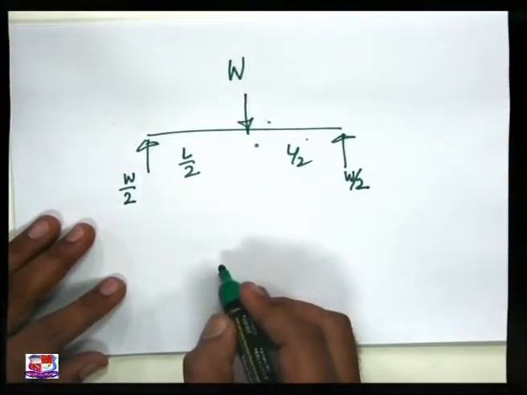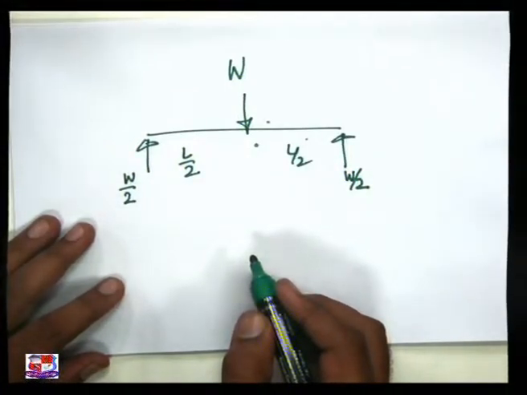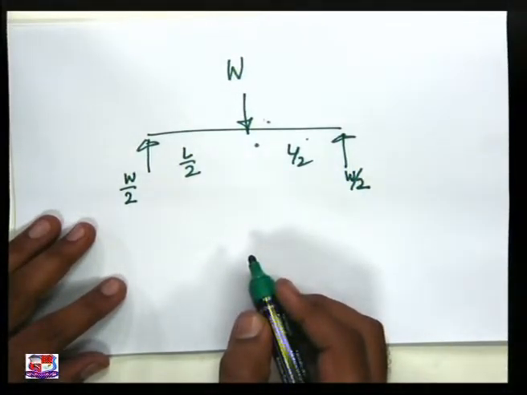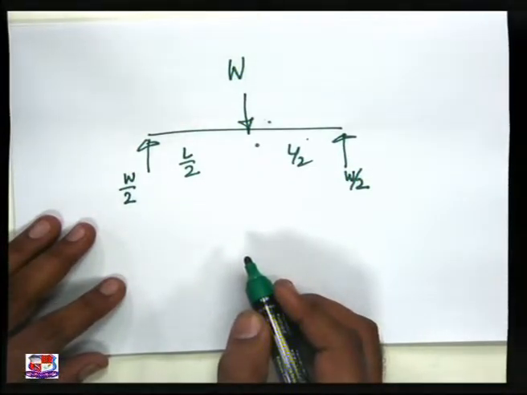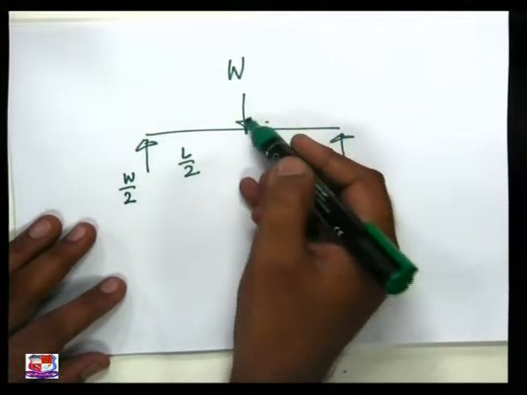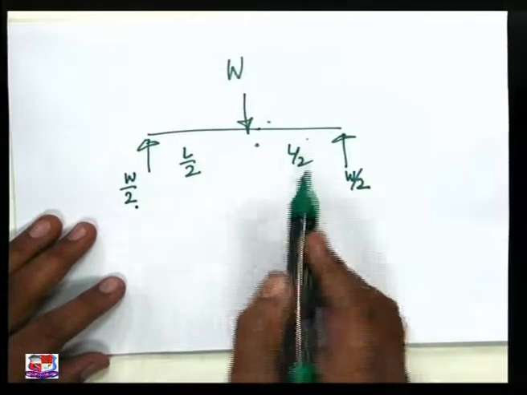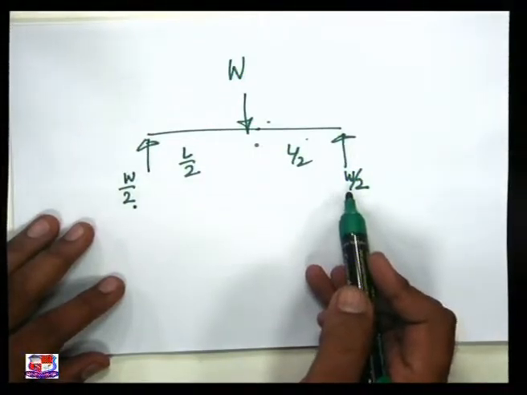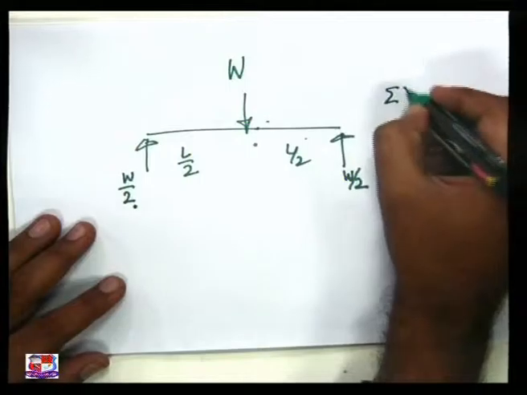A question may arise, how? Obviously, if we are standing on our two legs, half of the weight goes on one leg and half of the weight goes on the other leg. Similarly, this W is at the center, so half of the load comes on this side and half of the load comes on this side. If you do not know this, you can solve it using the equilibrium equations.